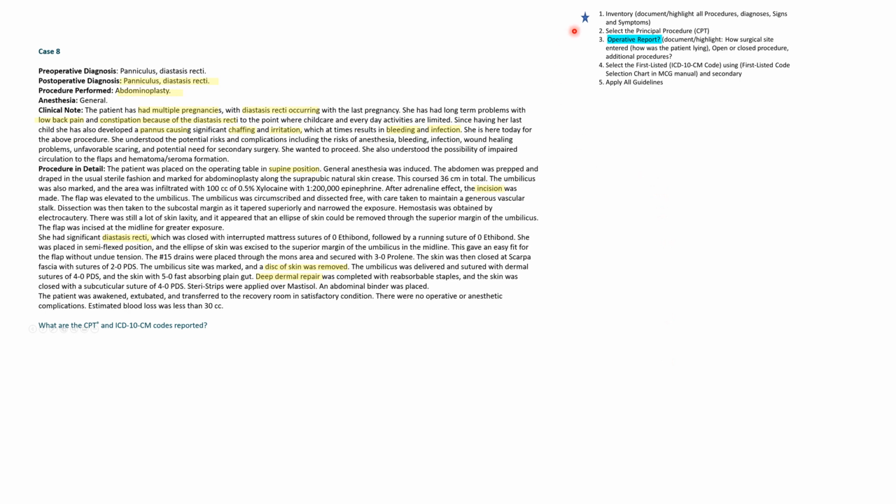But for now, we're going to inventory all procedures, diagnoses, signs, and symptoms. And what I'd like to do is separate the procedures from the signs and symptoms and diagnoses. So first, we'll document those procedures.